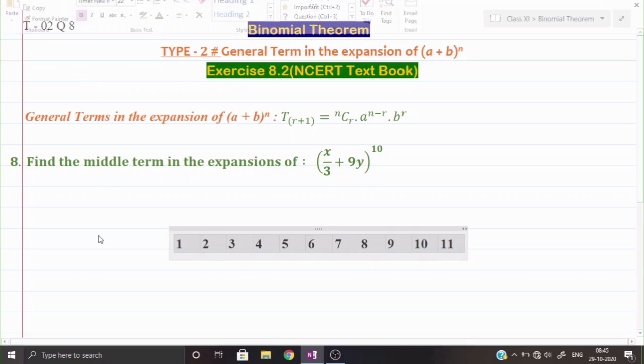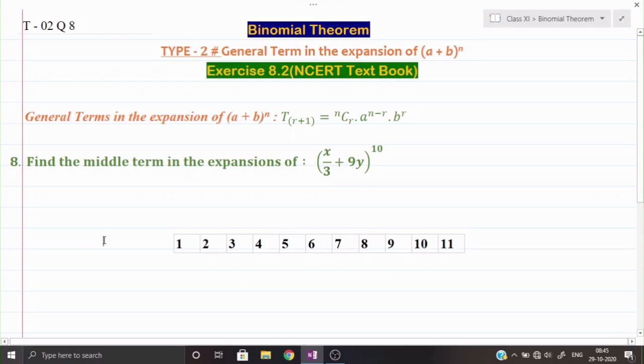Now it will be visible clearly to you. If I do the cancellation, observe, if I cancel one term here, then I am going to cancel one term from the right side also. Again, one from the left, one from the right. Same way, if I proceed, one from the left, one from the right. Again, one from the left, one from the right.